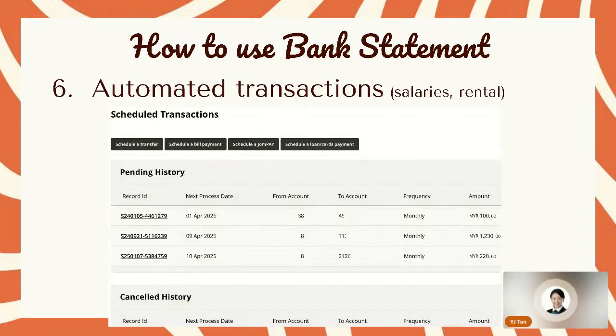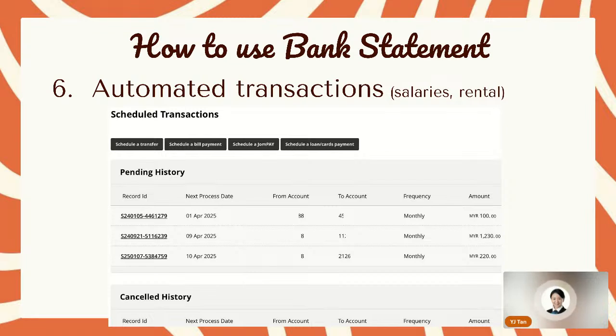All right. There is another possibility. Nowadays technology is so advanced. There are certain companies, or maybe the HR department or finance department, that will set up automated transactions to the bank. For example, salary, which is almost the same every month.